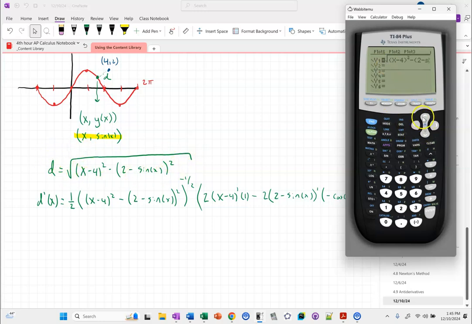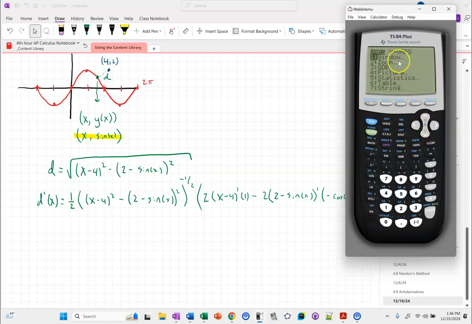I don't really want to bother graphing that, but what I want to graph is its derivative. To graph the derivative of this function, I'll use math, then nDeriv, with respect to x, and I'll do that on y1.